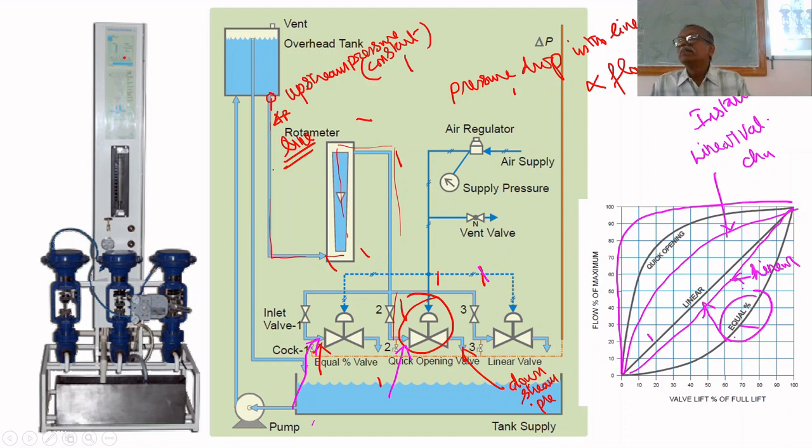But how to get inherent characteristics? For that, we have to keep the pressure drop across the valve constant. To find the pressure drop across the valve, there is a single column manometer. This is called a single column manometer.